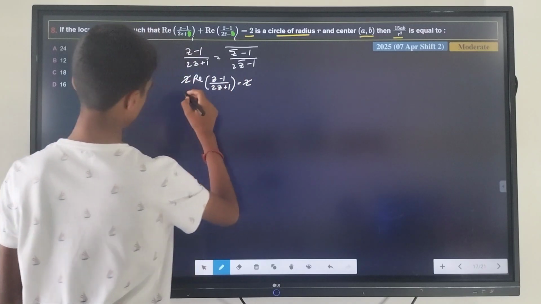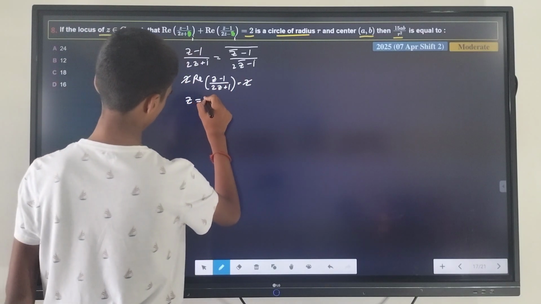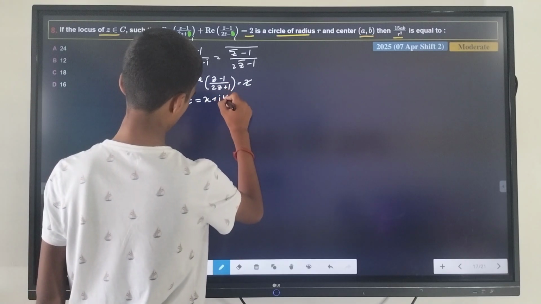2 will get cancelled. Let's say z is equal to x plus iota y.